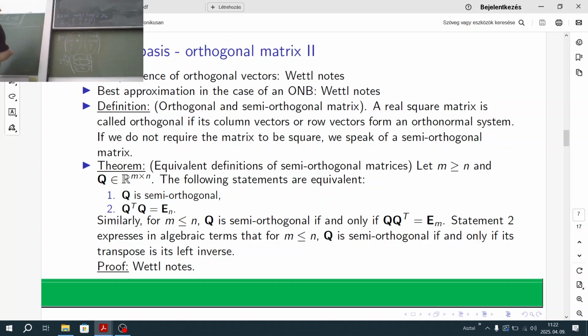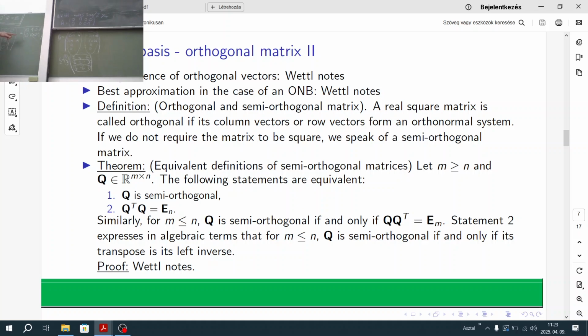I have this A matrix, and let's start. Here is the A matrix, 0, 1, 1, 1, 0, 0, 0, 1, and I need its transpose. This is 0, this is 0, this is 0, this is 1, this is 0, 0, and 0, 1.